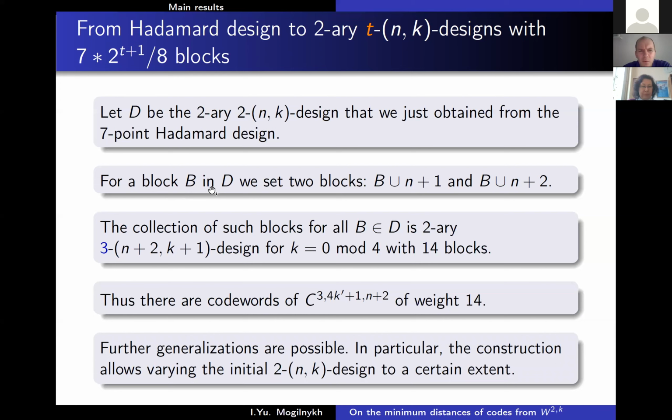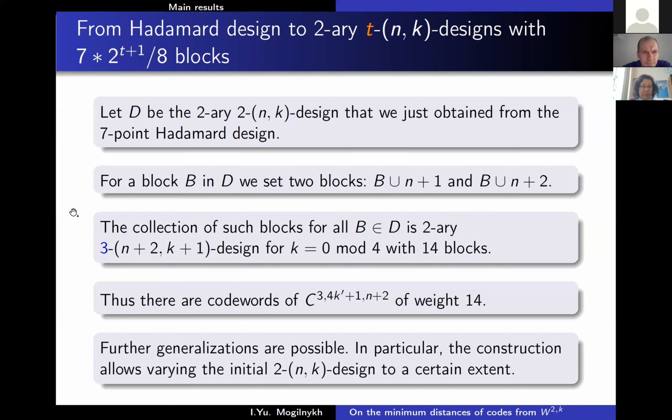And for any block, we set 2 new blocks: a block with 1 new element, and a block with the second new element. So the number of blocks is increased by the factor of 2.